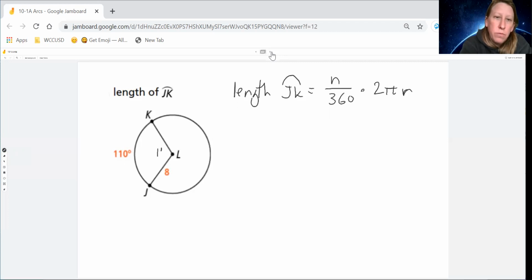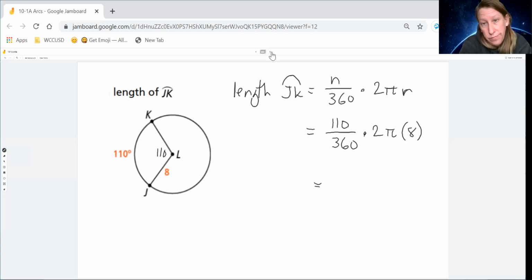So in this problem, we know it's 110 degrees. So we're going to do 110 out of 360 times 2 times pi. Do we know what the radius is? Yep, we sure do. It's 8. And then we'll finish this up.